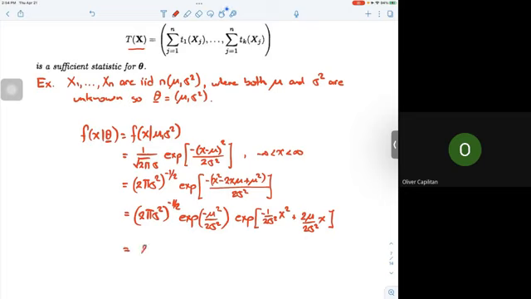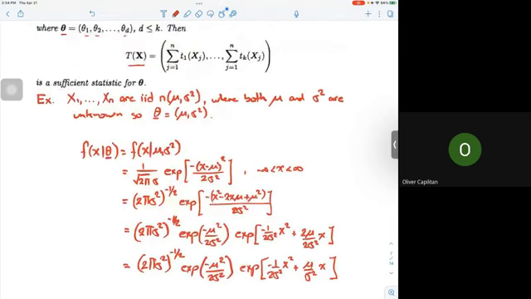Simply, we can have 2 pi sigma square raised to the negative 1/2, exponential of the negative 1 over 2 sigma square x square, then plus mu over sigma square x.